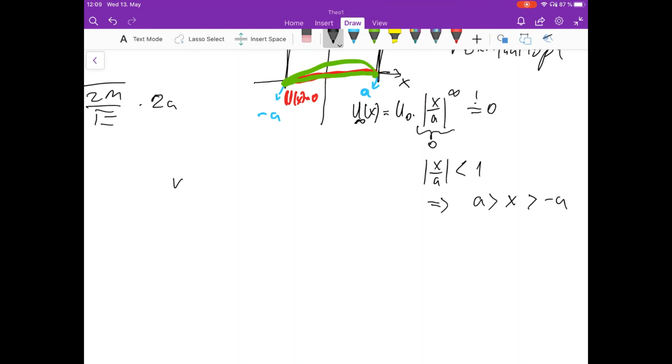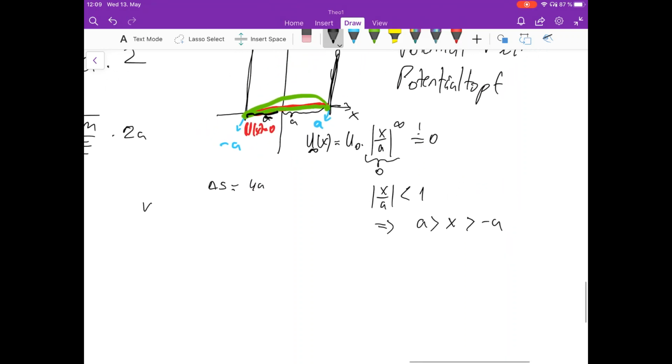And the total road I take from minus a to a and heading back is going to be, this is a, this here is a, this here is also a, so delta S equals 4a. So from the definition of our period, T infinite is going to be equal to 4a divided by v.